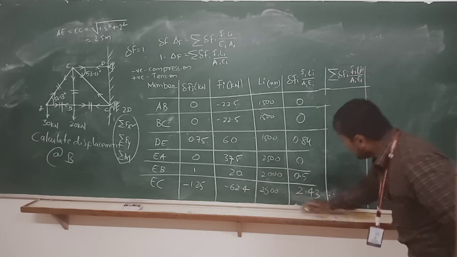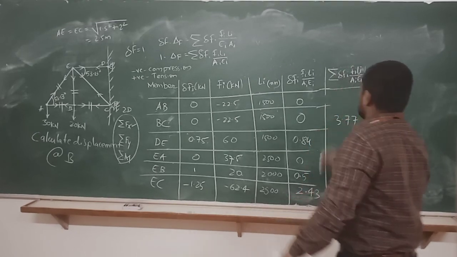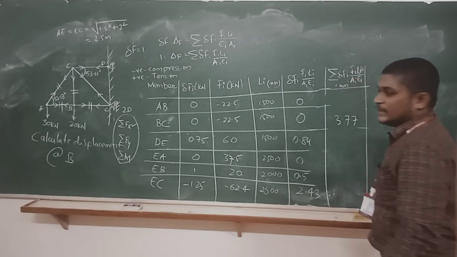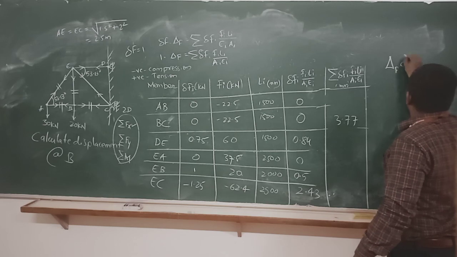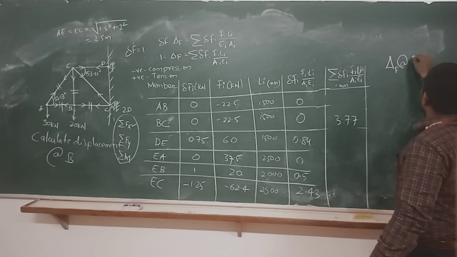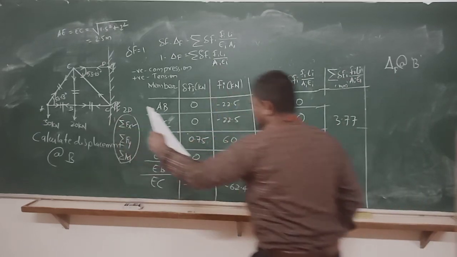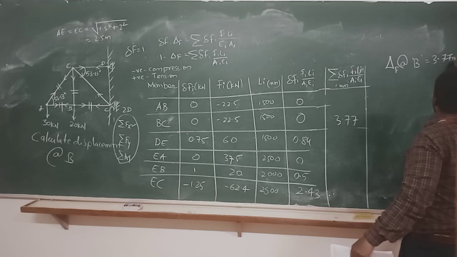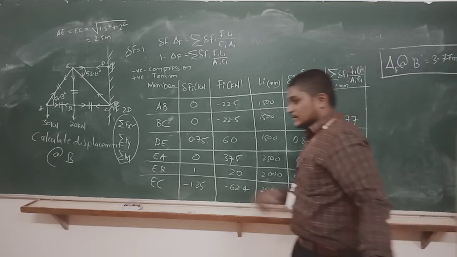You add all these, you will get the final answer as 3.77. Okay. So finally, delta at point B, where we are calculating the displacement, is equal to nothing but 3.77. This is the final answer.